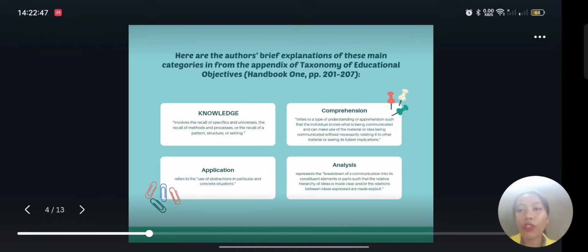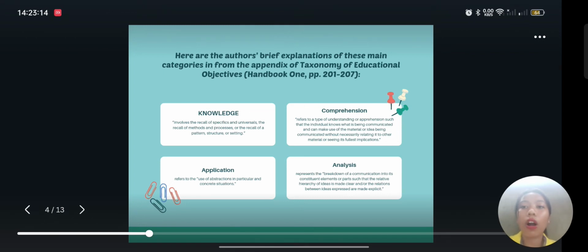So here are the authors' brief explanations of these main categories from the appendix of Taxonomy of Educational Objectives. First, we have knowledge. It involves the recall of specifics and universals, the recall of methods and processes, the recall of a pattern, structure, or setting.